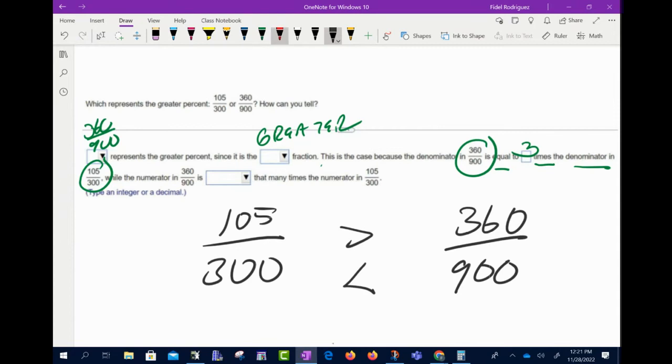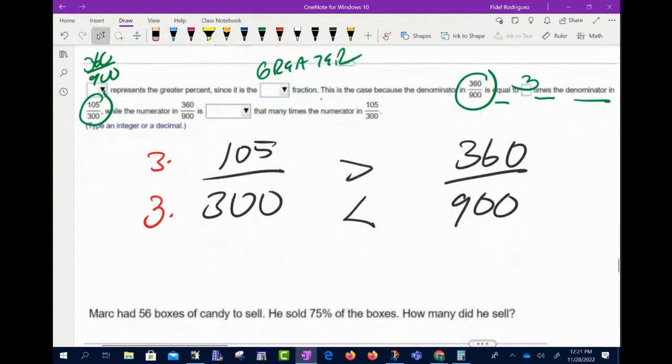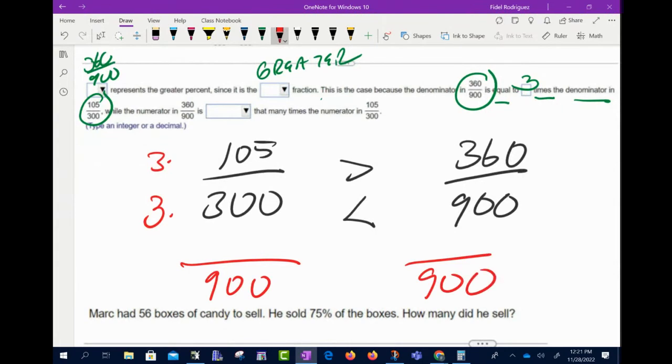This is the idea, y'all. If I multiply this number here by 3, and I multiply that number there by 3, now I can compare my fractions because my denominators are the same. If I take 3 times 105, that's going to give me 315, and this is 360.